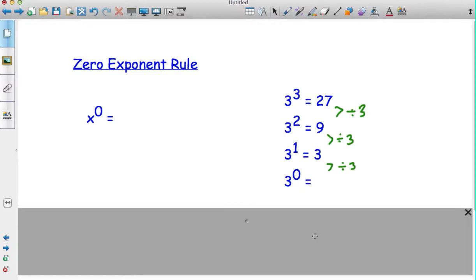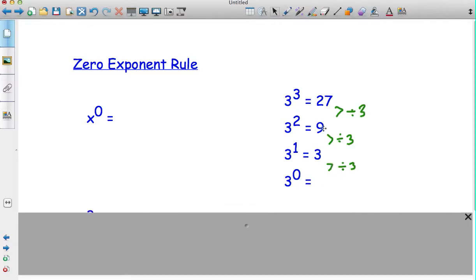So if we take a look at this, what would be 3 divided by 3? Well, we know that 3 divided by 3 is going to be 1. I'll use red. And we're going to use this pattern in the next problem as well.